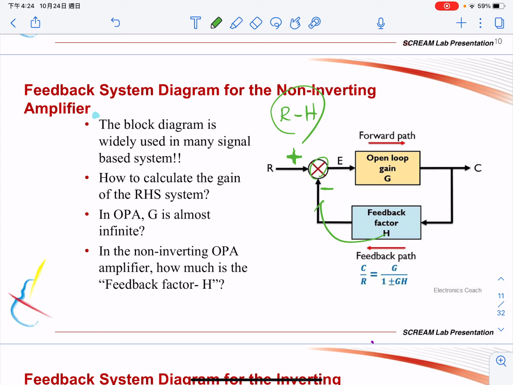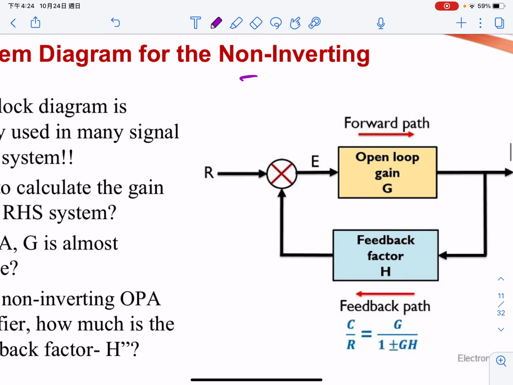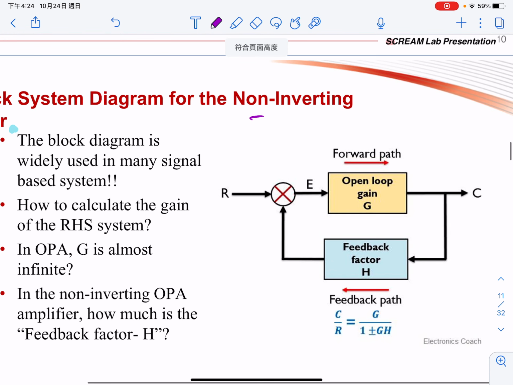And let me show you how to find the ratio between the output C and the input R. As you can see, the E part will be equal to what? Will be equal to R minus H, right? But what about H?